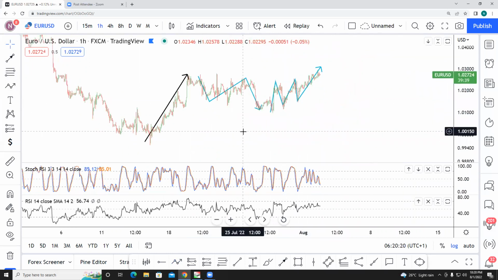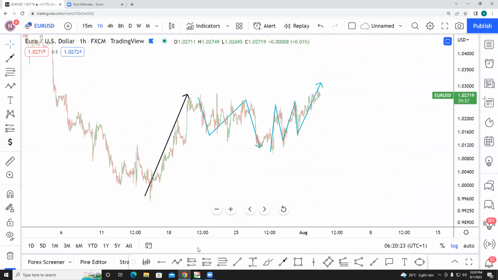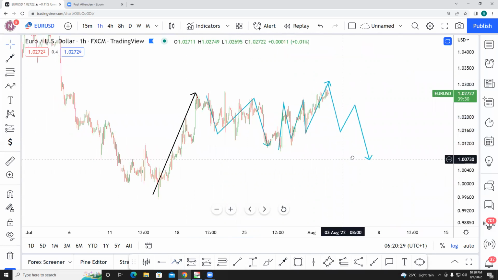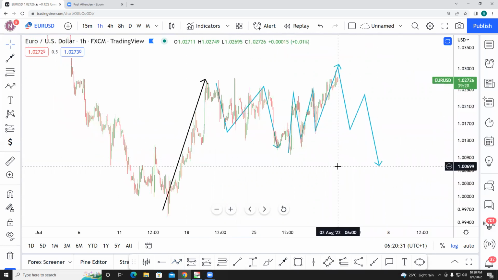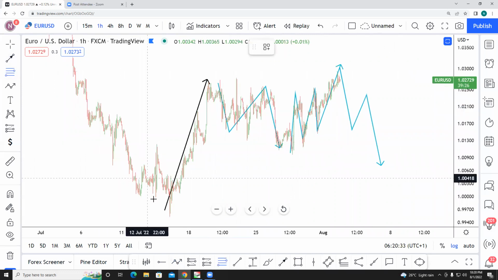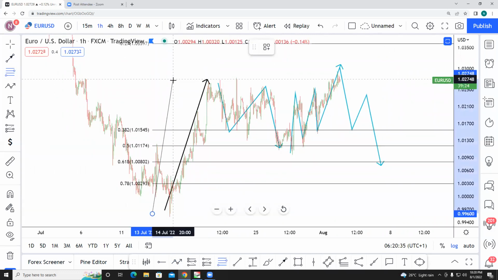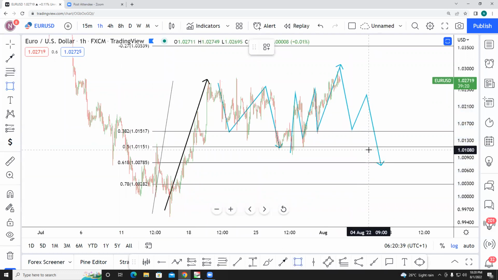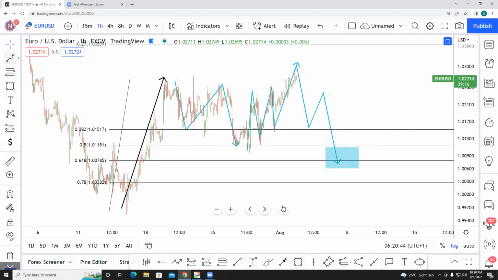If I've gotten it like that, then what I'm looking forward to is 1, 2, and 3. By the time the last 3 comes down, this impulse here will have made a retracement of 50 to 61.8. Right at this level, we want a continuation to the upside.